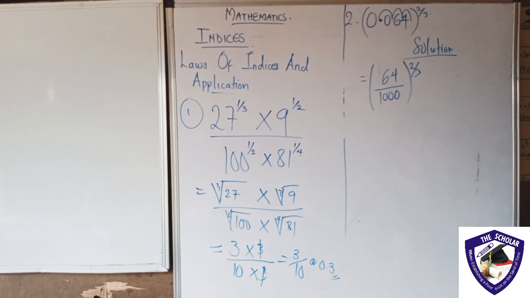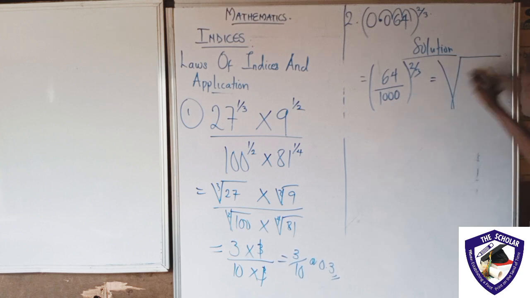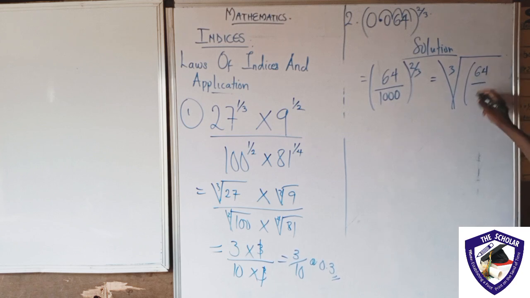So here we are still applying the law of indices. When we have a question like this, it is telling us that we have the cube root of the square of 64 over 1000.